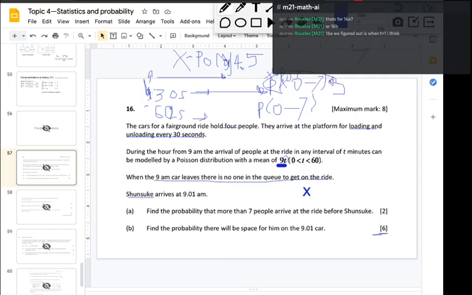So if you have the first probability as 0, then the next probability would be 7.